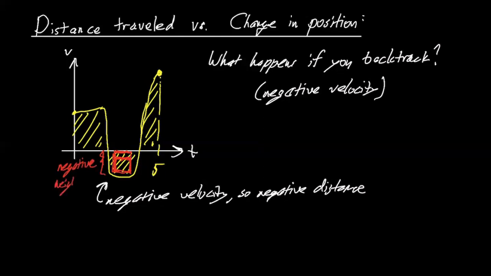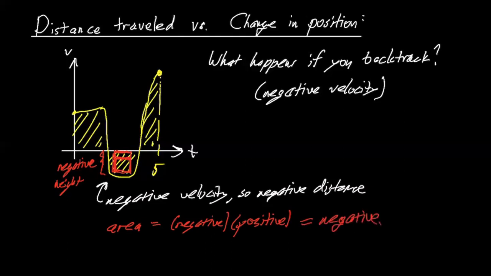And so you're multiplying a negative times a positive. Time is always positive. Time always moves in one direction. We can't control that. But since velocity could be positive or negative, we're multiplying. So I guess what I'm trying to say is the area is a negative times a positive, which is a negative.